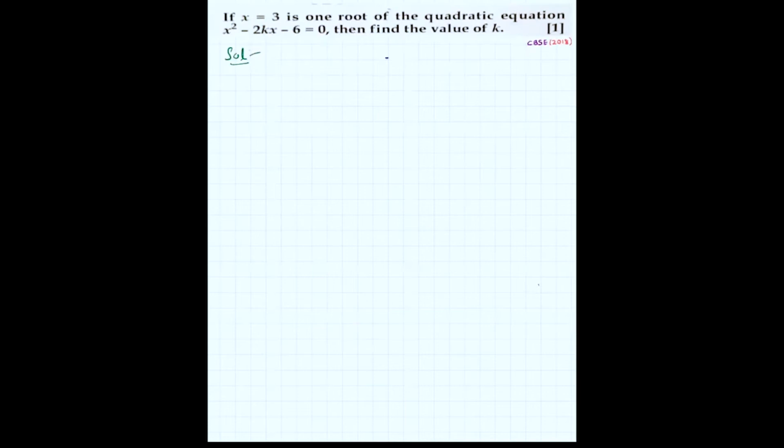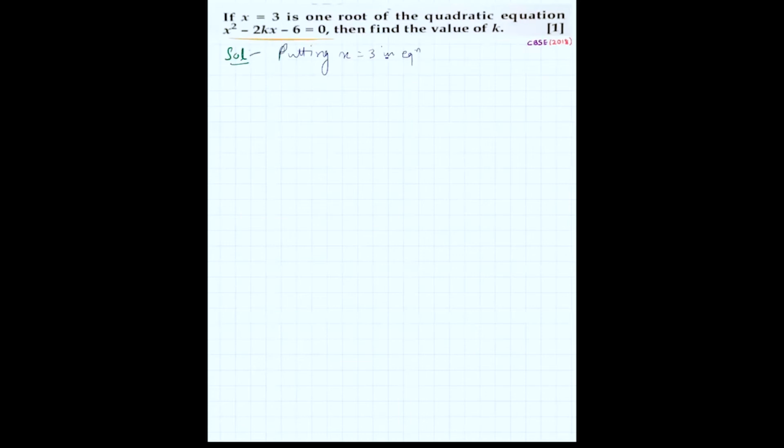So you have given the root. What does that mean? That means this root, x equals 3, if you put x equals 3 in the quadratic equation, it should satisfy the equation. Let's start by putting x equals 3 in the equation.